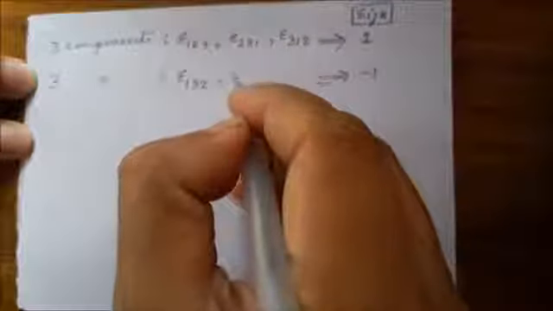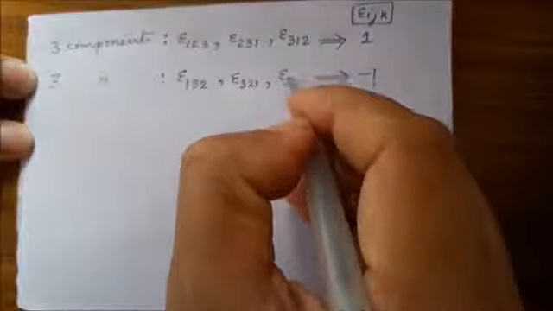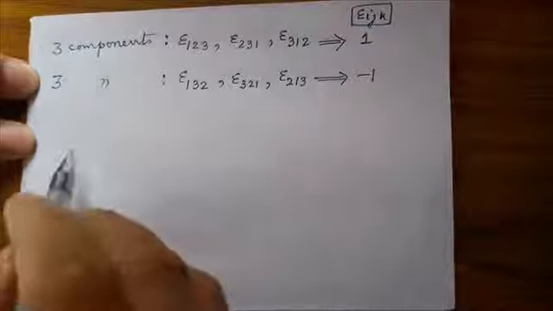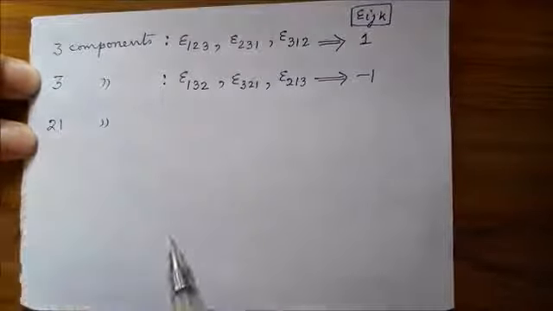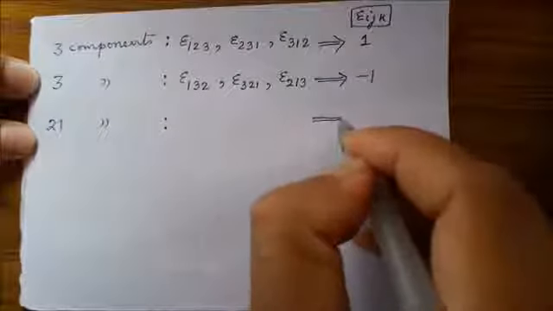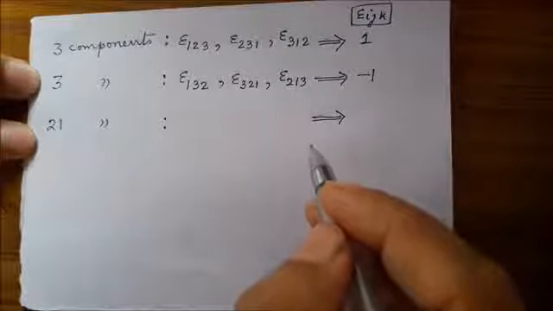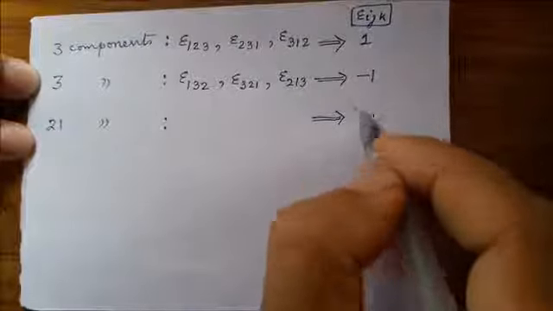Similarly, epsilon 3, 2, 1 and epsilon 2, 1, 3. And the remaining components, there will be 21 in number, will have repeated occurrence of the numerics 1, 2, 3, and then the value is 0.